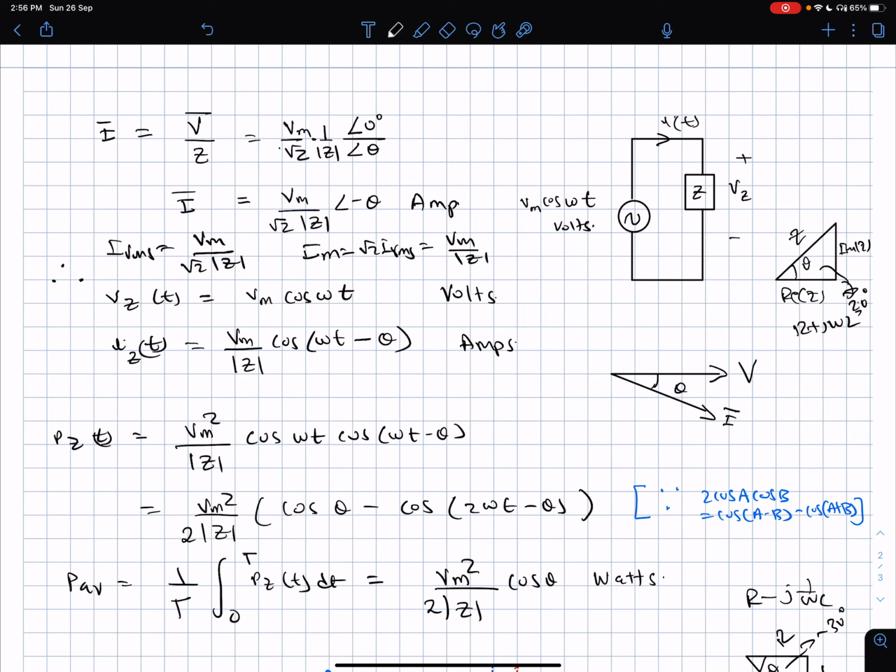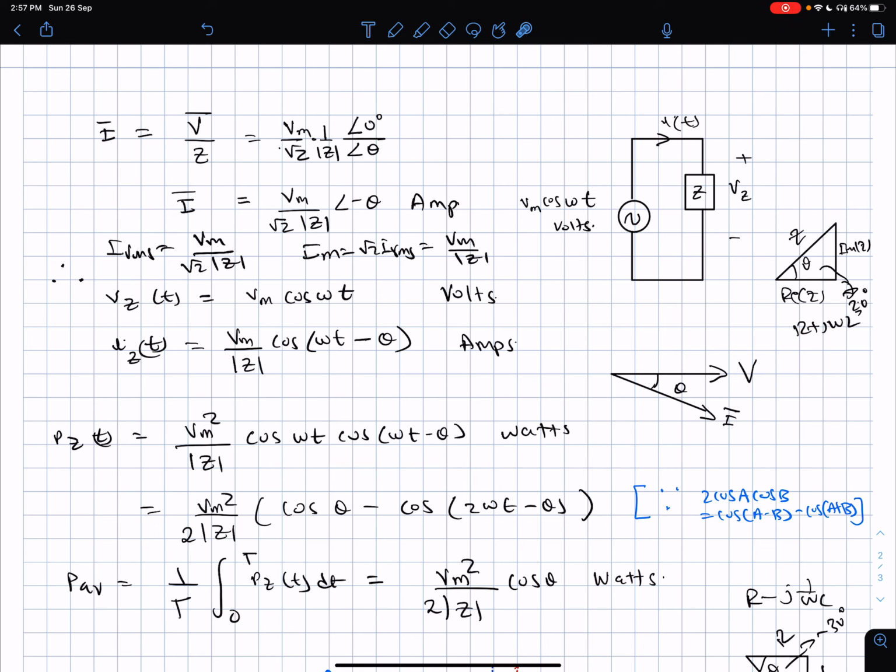Let me first write it down. You will get Vm square by modulus of Z times cos of omega t into cos of omega t minus theta. This is the instantaneous power. Now I want to simplify this product of two cosines.